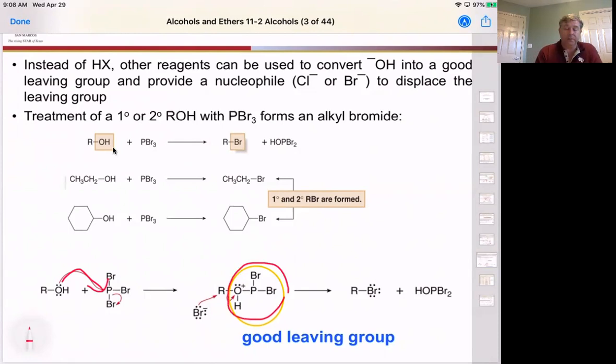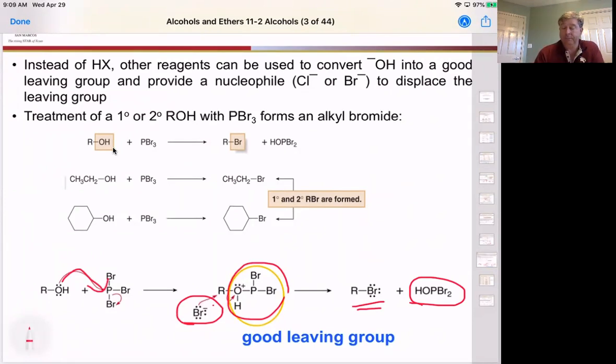And then we can get displacement by our bromine to liberate our new phosphorus oxygen compound here and our alkyl bromide. Again, this works for primary and secondary because it doesn't form a carbocation, it actually goes through an SN2 mechanism.